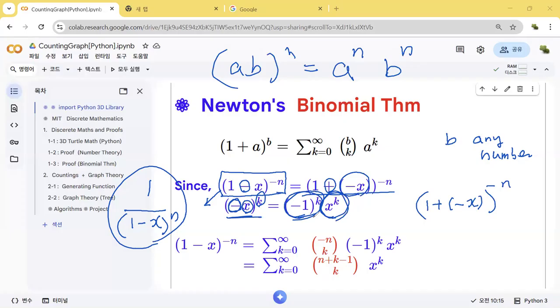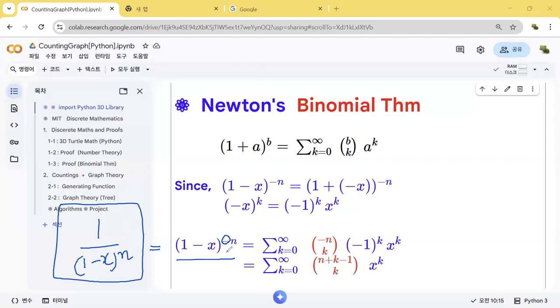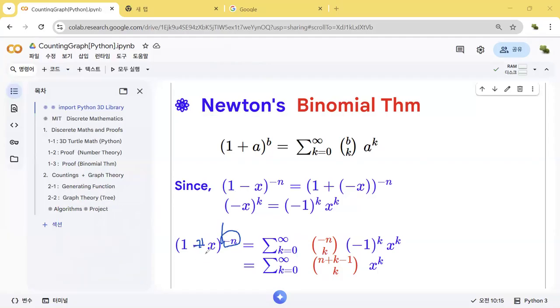Okay, now we are ready to prove this formula. This is (1 minus x) to the minus n in mathematical notation. According to Newton's binomial theorem, this is our b, and minus x is our a.